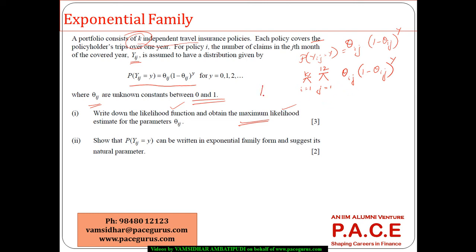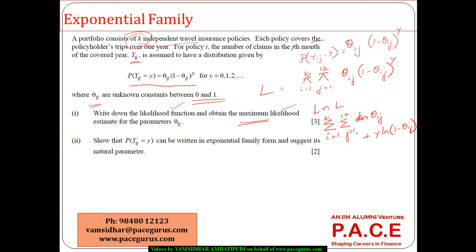For the maximum likelihood estimate, from the likelihood I will find the log likelihood. When I take the log likelihood, the product becomes a summation: i equal to 1 to k, j equal to 1 to 12, of log theta ij plus y log 1 minus theta ij.